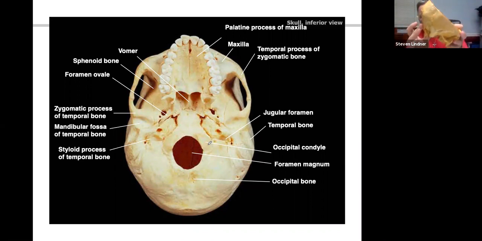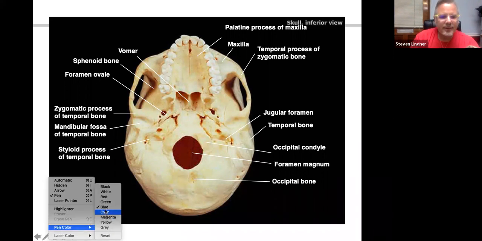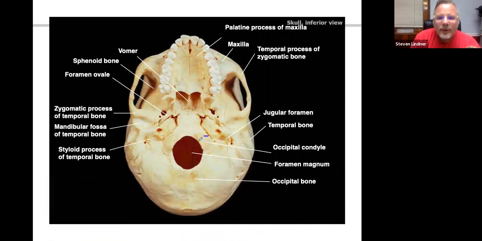So it's a perfect fit for nodding of the skull for this type of movement. Those are called the occipital condyles. Let me bring the pen up here. One occipital condyle is here and the other is here. This is the foramen magnum, where the medulla oblongata is going to travel through.